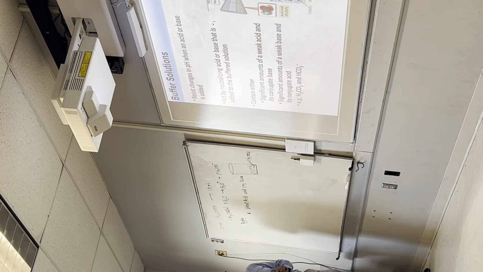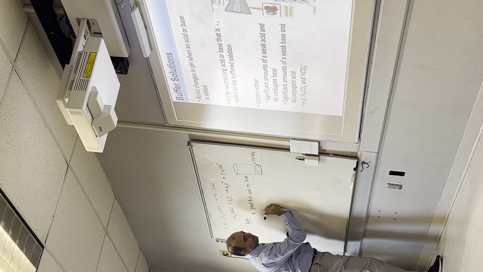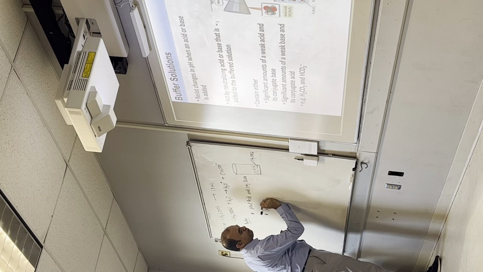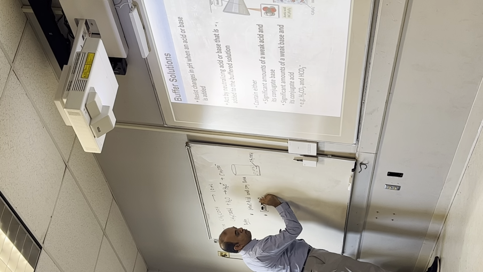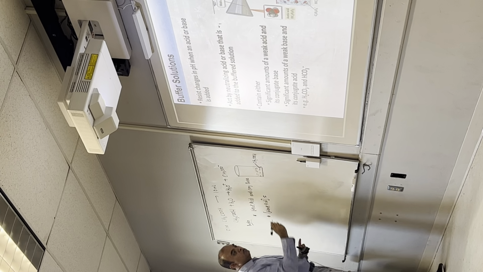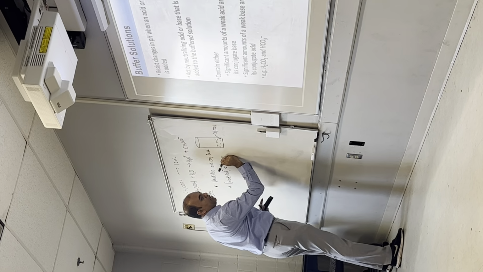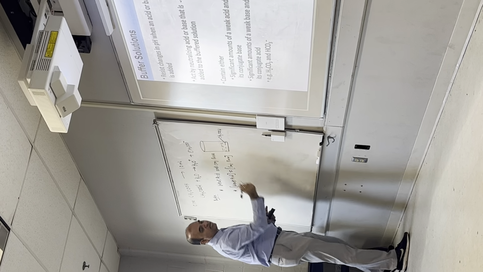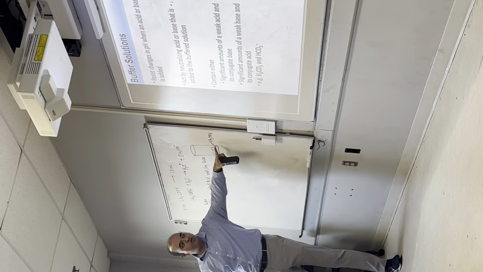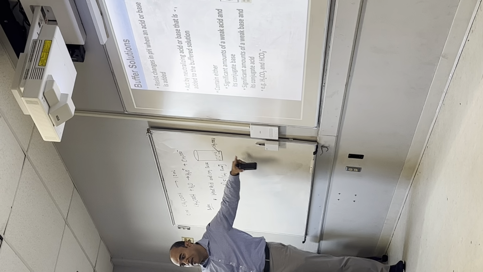What else do you need? The concentration of the weak acid must be very similar, almost equal, to the concentration of the conjugate base. But in this solution, we have mostly this one. We don't have conjugate base, right?